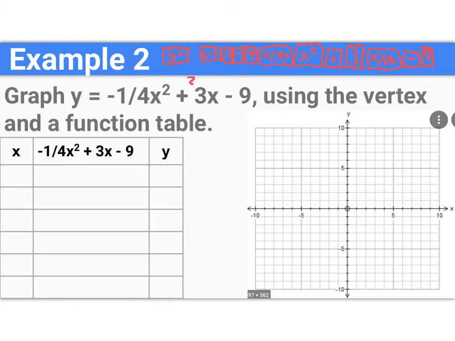Just hit second. That's the big blue button that brings up all the blue buttons on your calculator. And hit graph, which is at the top right. The very top row of buttons are gray, and then the one on the right says graph. Second will bring up the one that says table, and then you'll see what we're going to plot here is 0, 1, 2, 3, 4, 5.